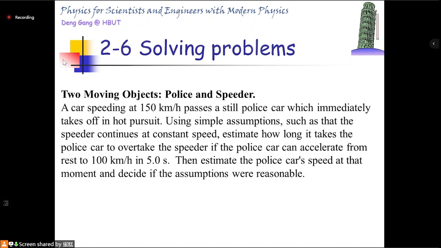Something you ignored may affect the result, or something you treated with a simple model may be far from reality. That's why after the calculation, we need to look back and check whether all these assumptions are reasonable. Just like this one: a car is speeding at 150 kilometers per hour, and maybe we treat it as a constant speed.